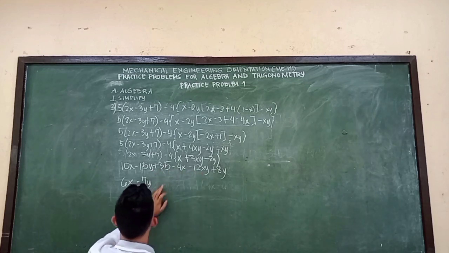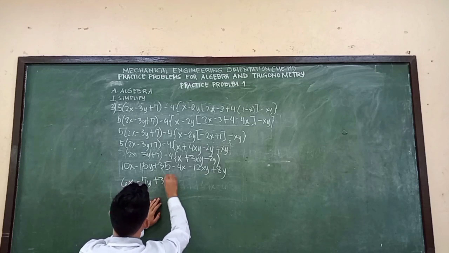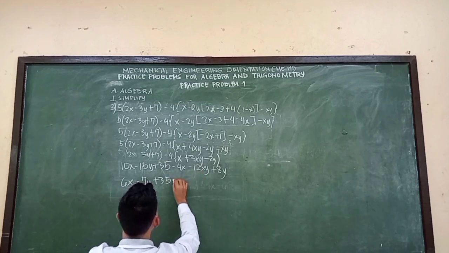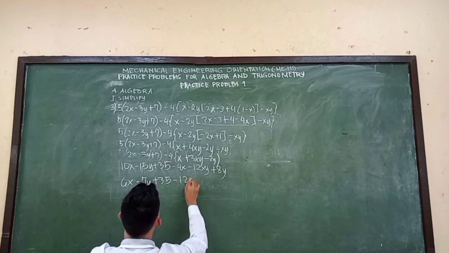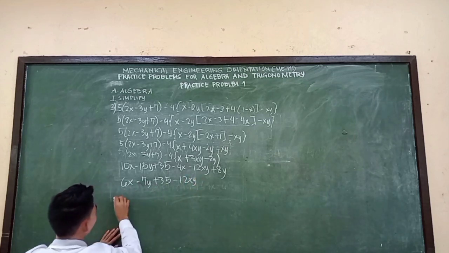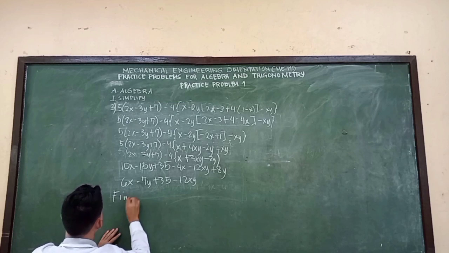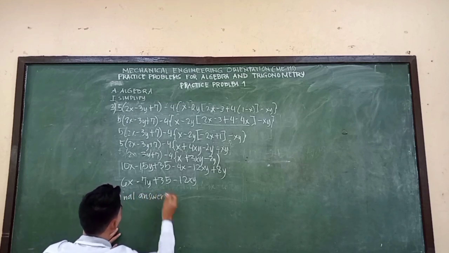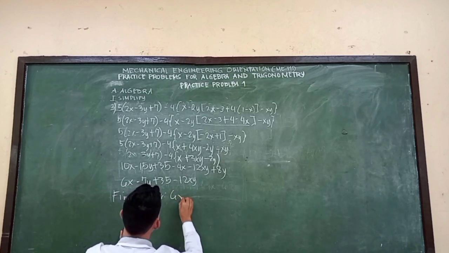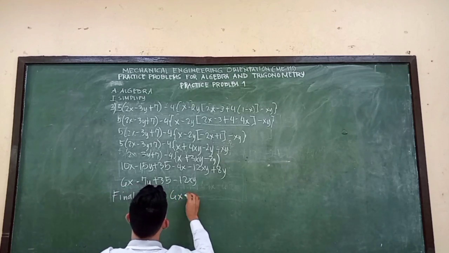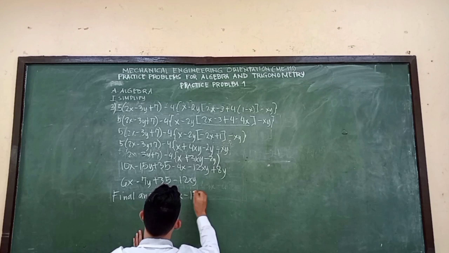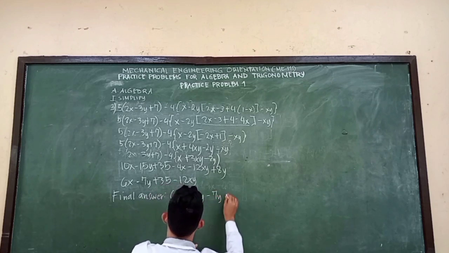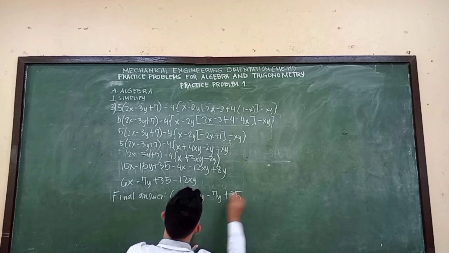Plus 35 and then negative 12xy. So our final answer is 6x minus 12xy minus 7y plus 35.